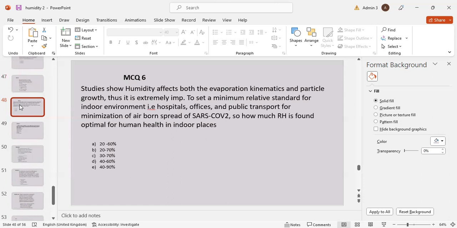So, how much relative humidity is found optimal for human health in indoor places? 20 to 60%, 20 to 70%, 30 to 70%, 40 to 60%, or 40 to 90%? D. Yes, right answer, 40 to 60%.